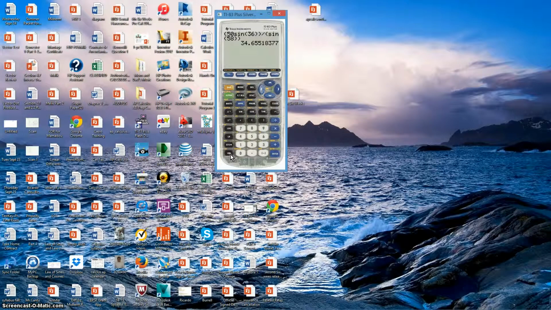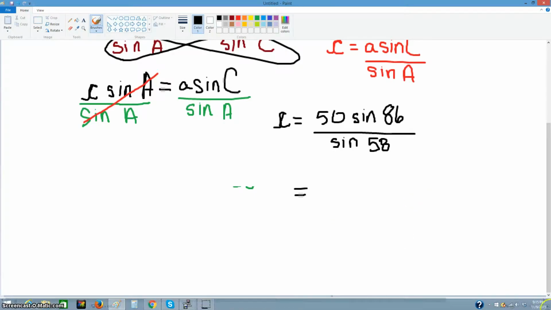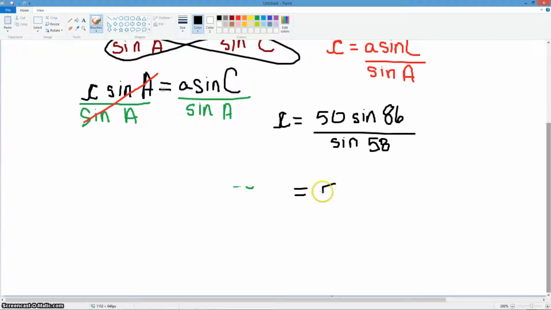So let's check it out. I'm going to say 50 sine of 86 divided by sine of 58, and we get, to 3 decimal places, 58.815 meters.